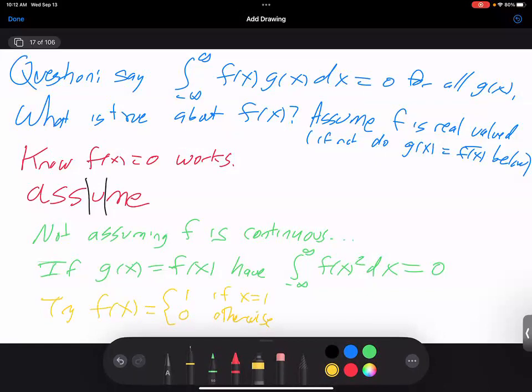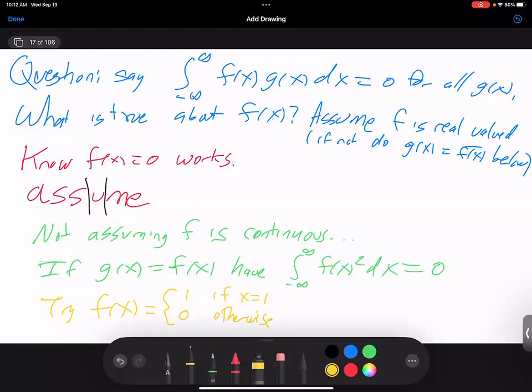That's the smallest change I can make and still have it work. Now, will the integral of f squared be 0? I've got a function that's 0 everywhere but at one point. Changing it to being 1 at one point, is that going to affect the integral? No. So this will still integrate to 0.